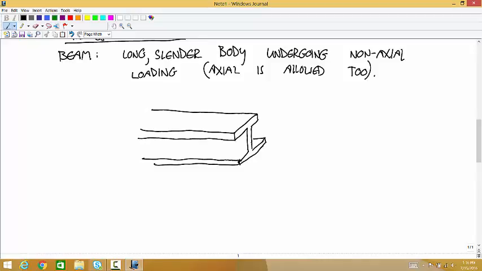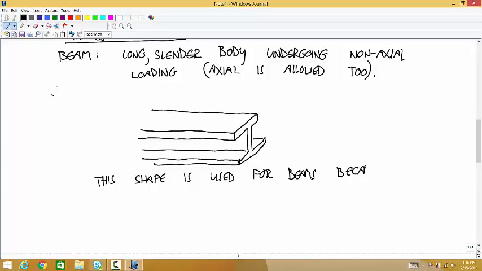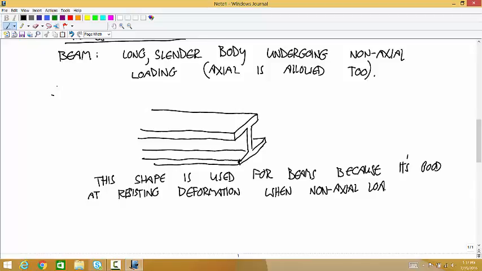The reason that's used as a beam is because this shape is good at resisting deformation when non-axial loads are applied.